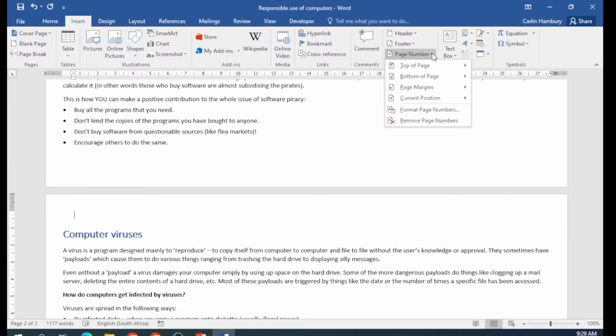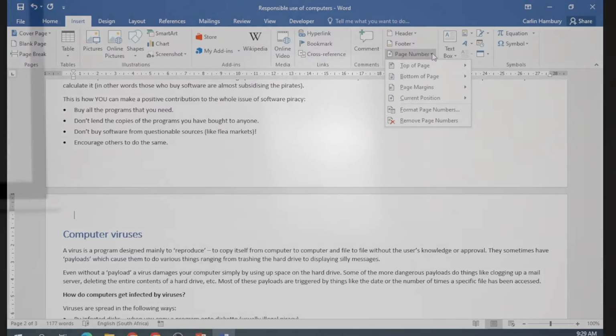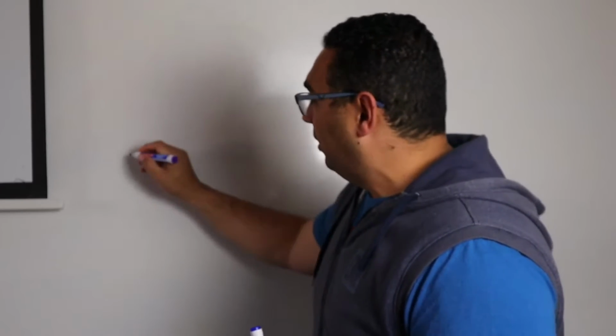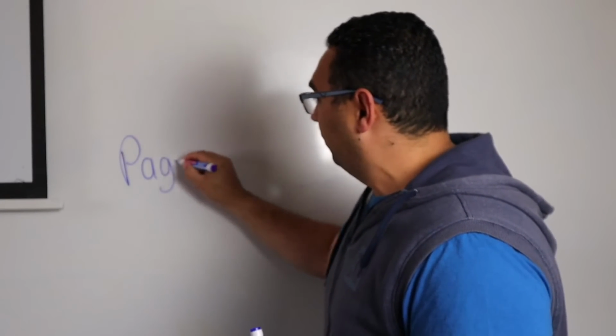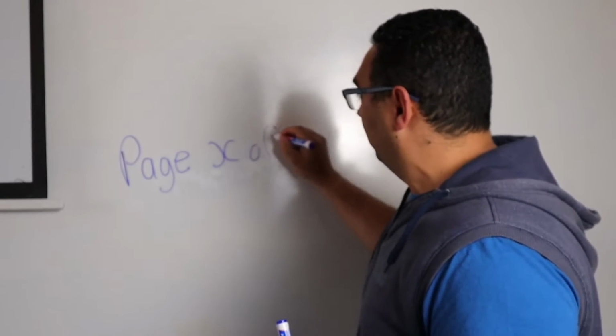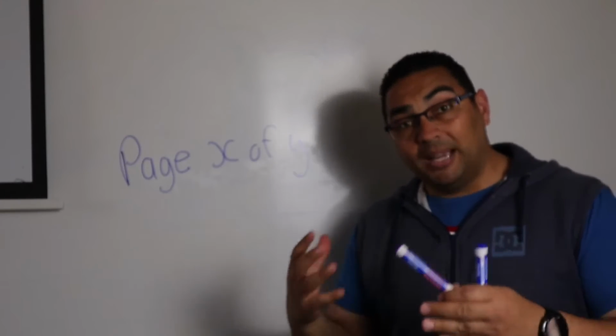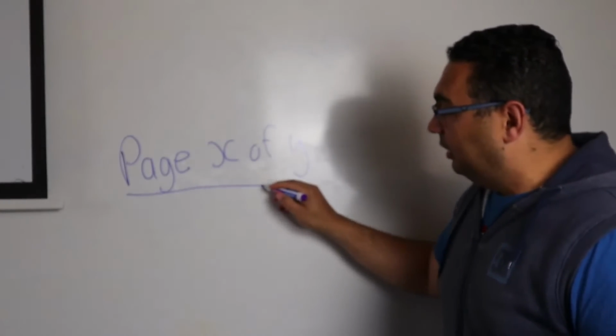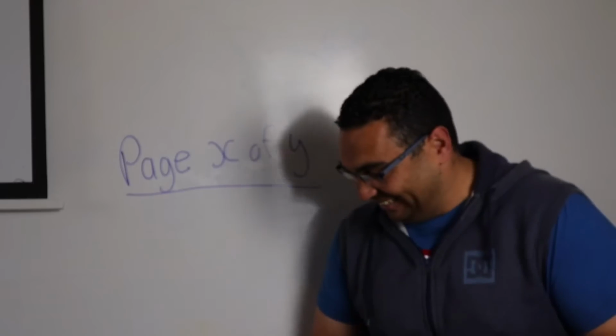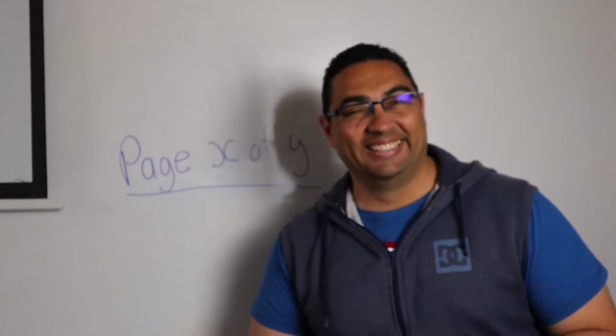Now, please, one of the things I always see, and maybe I need to go to my other screen so you can just bear with me over here. One of the things I always see is a question that gets asked like this, where they ask you to insert page numbers in the format page X of Y. Now, I'm sorry guys.